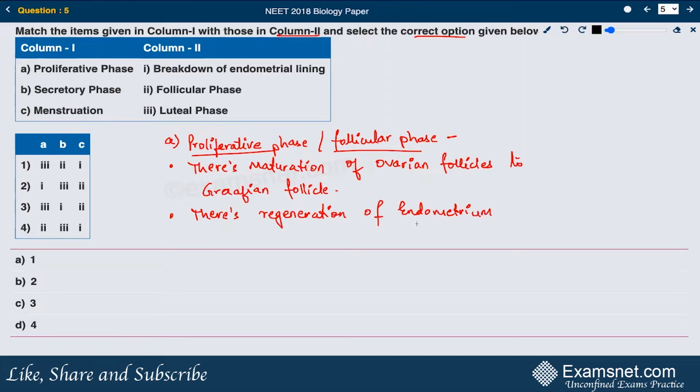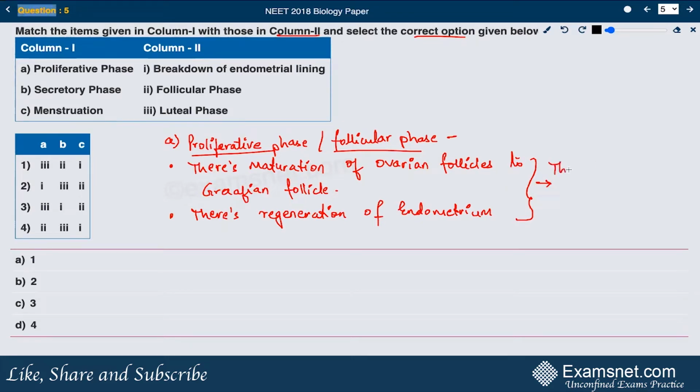All right. So there is regeneration of endometrium, and these 2 phases occur due to increase in the concentration of 2 very important hormones, which are estrogen and progesterone.